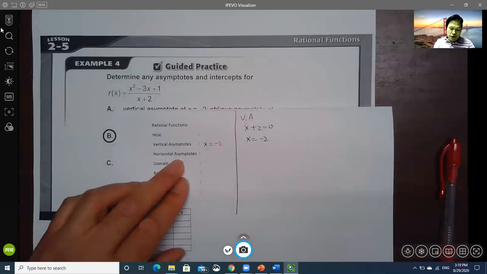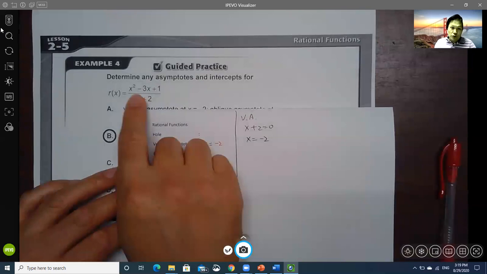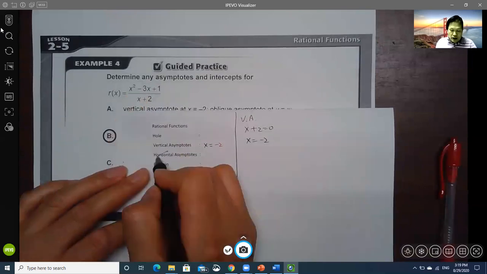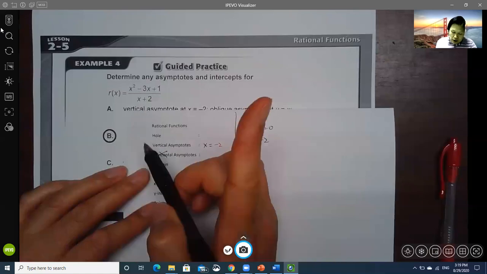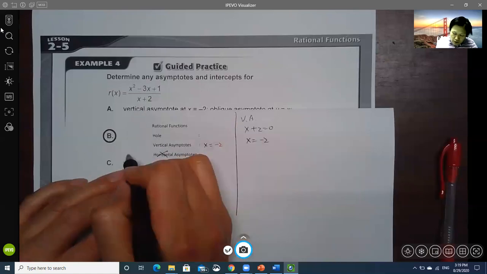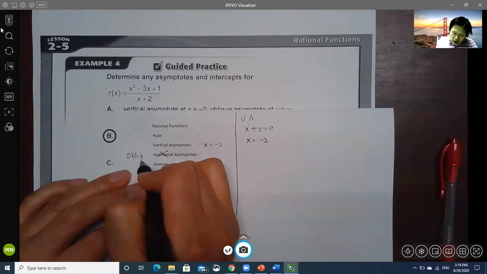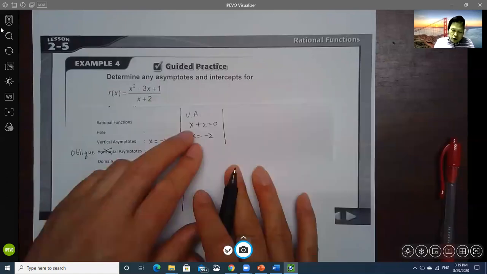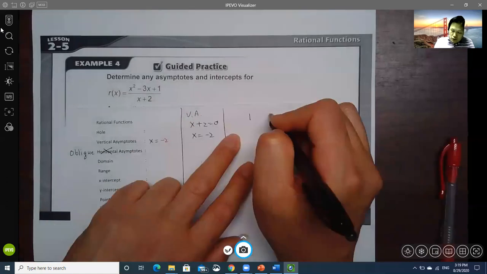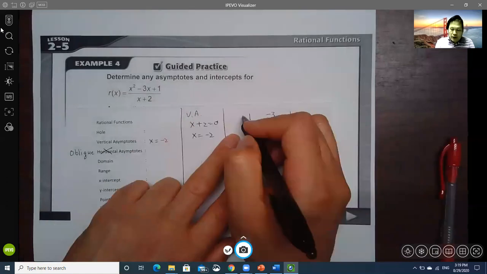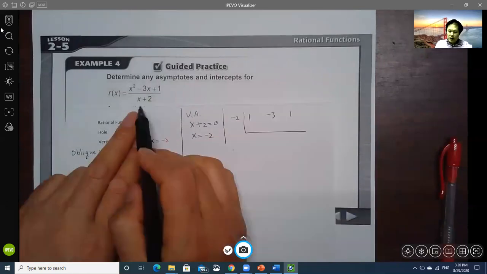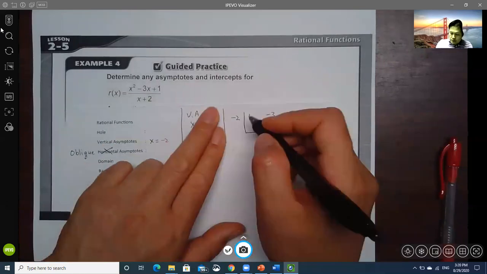Horizontal asymptote: if you look at it, we have a higher power on the numerator. What does that mean? We're not going to have a horizontal asymptote, and it's higher by 1, meaning you will end up with an oblique asymptote. How do you find it? Synthetic division. So you're going to do 1, minus 3, 1, divided by -2 here, because x plus 2 equal to 0 will make -2.